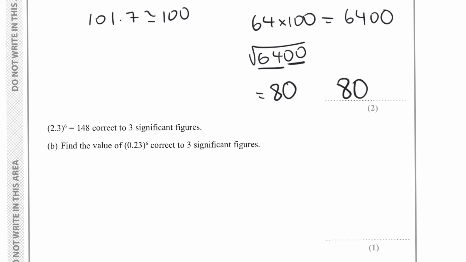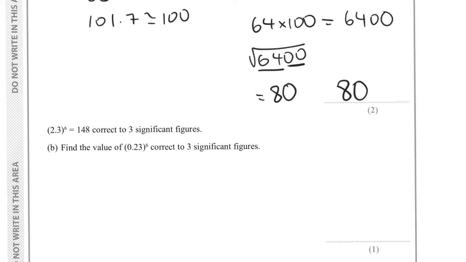So if something is to the power of 6, that means it's being multiplied essentially 6 times. So what we can then do is, if we know 148 is equal to 2.3 to the power of 6, then in terms of working out the 0.23 to the power of 6, we can essentially have our 148, and we can basically divide this by a million.